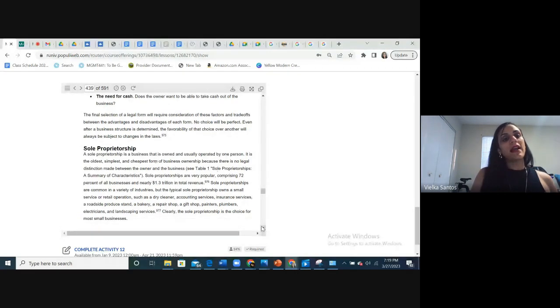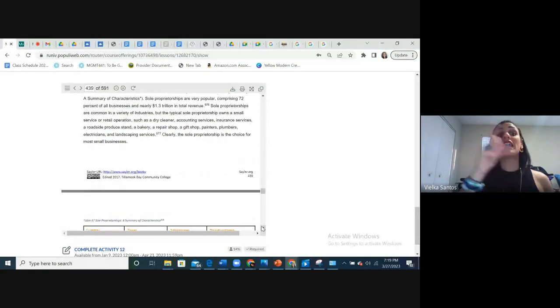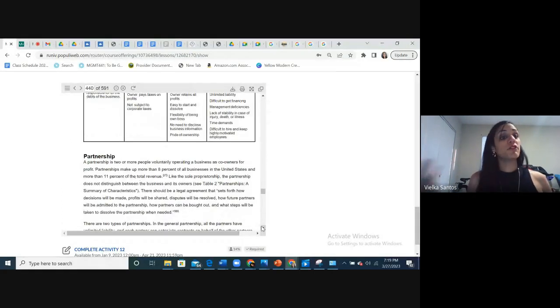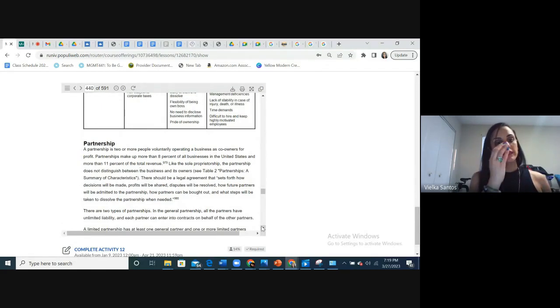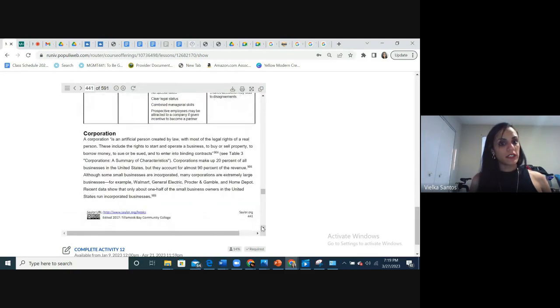For example, I have family in Canada that say that's the only way they have to start their own project. So it depends on the regulation of the state and the country that we are in. Partnership, if you have other people, right? When we have more than one, now we can think about partnership. And we also have corporation.